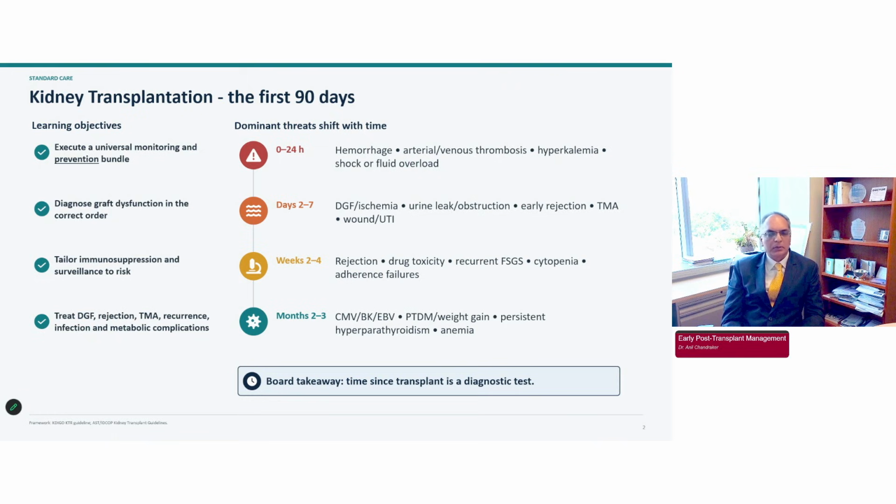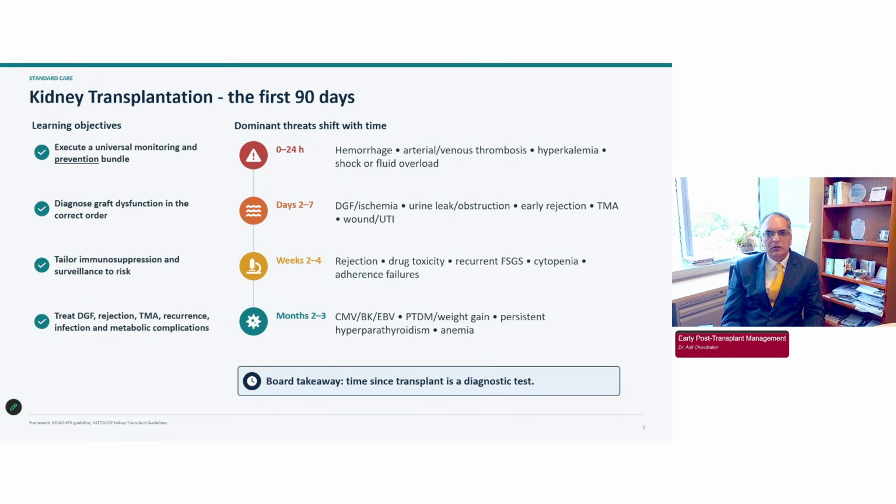For example, in the first 24 hours, you're going to be much more concerned about hemorrhaging, anatomical issues, surgical complications. In the second time period, 2 days to 7 days, you're going to think more about delayed graft function, and what are the potential causes of that.